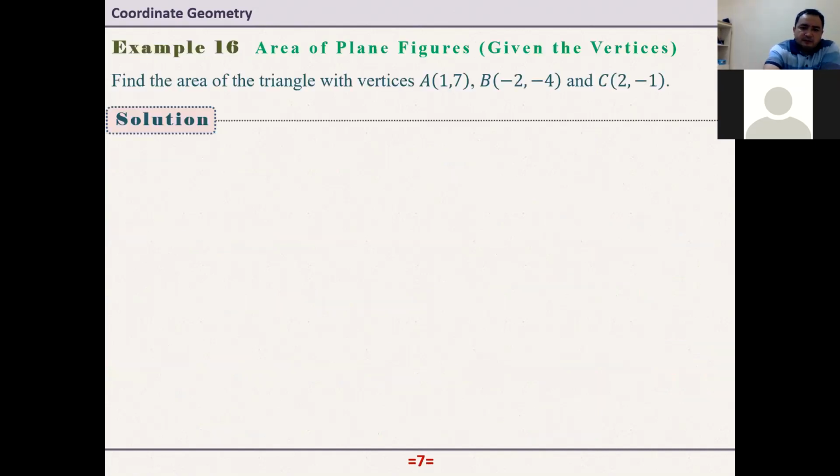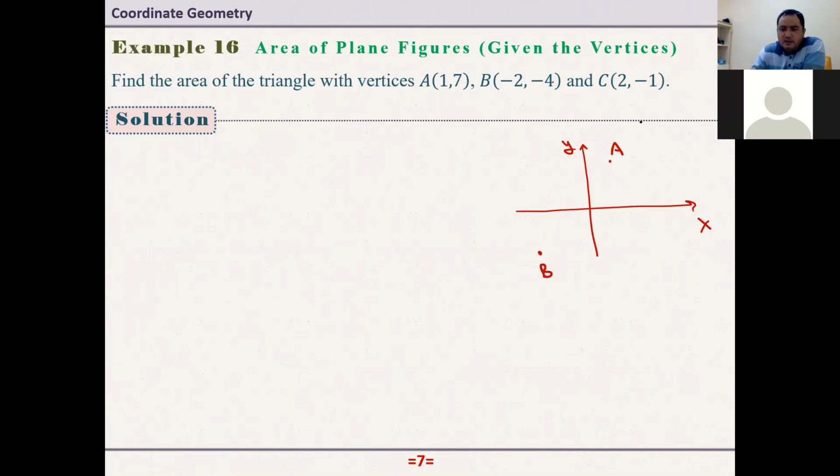Let's see one example immediately for this. Find the area of the triangle with vertices. Locations are not important, we just need to know whether these are in clockwise or anti-clockwise order. Here is our Cartesian plane, x-axis and y-axis. 1, 7 is somewhere here, let's say it is A. B is negative 2, negative 4, somewhere here.